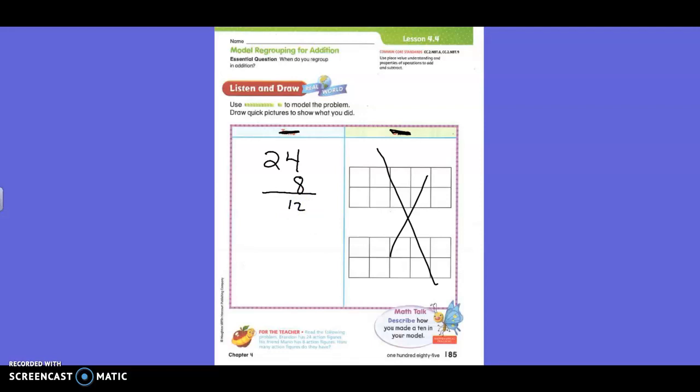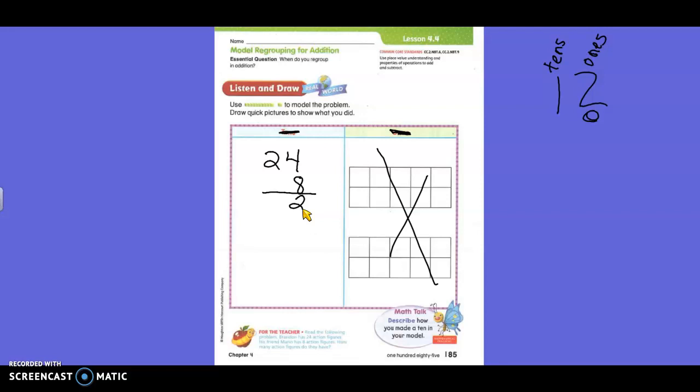Okay. Now, can we do this? No. When you write 12, boys and girls, the 2 is the 1s number, right? The 1 is the 10s. So, when you guys are writing 12, you have to put the 2 under the 1s number because that's the 1s.